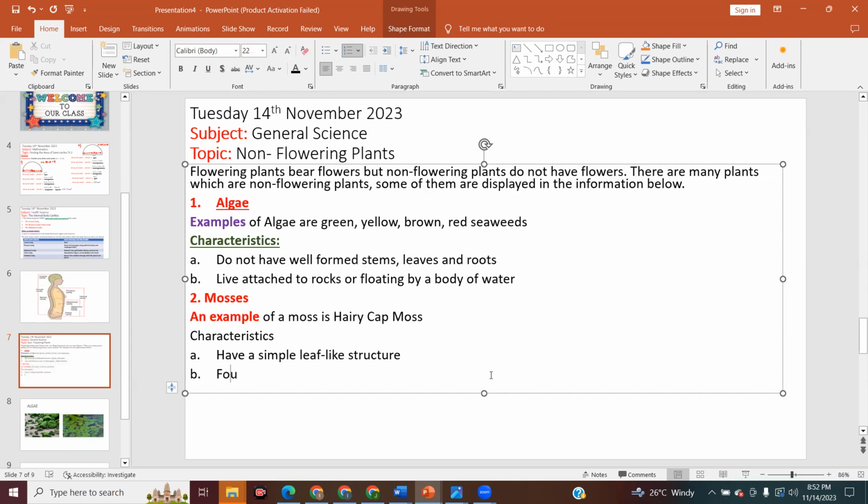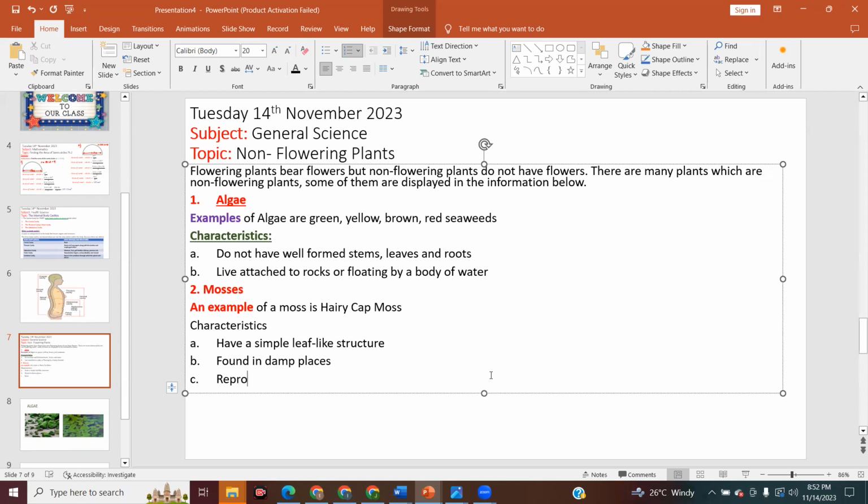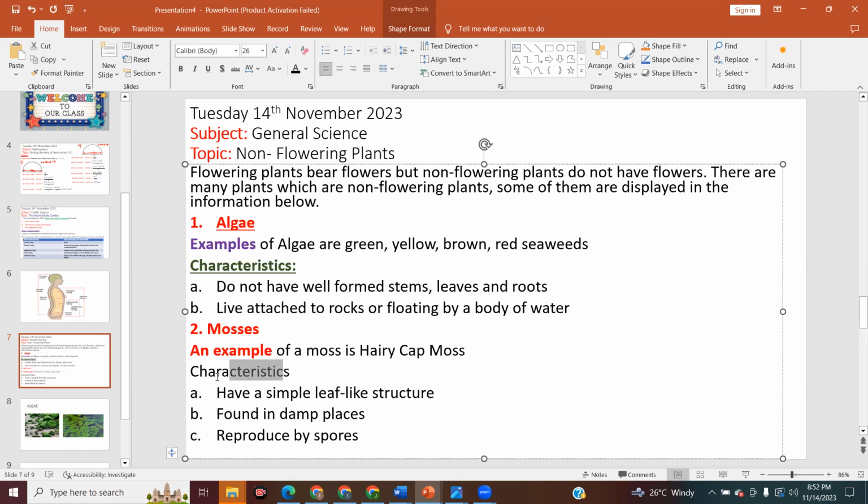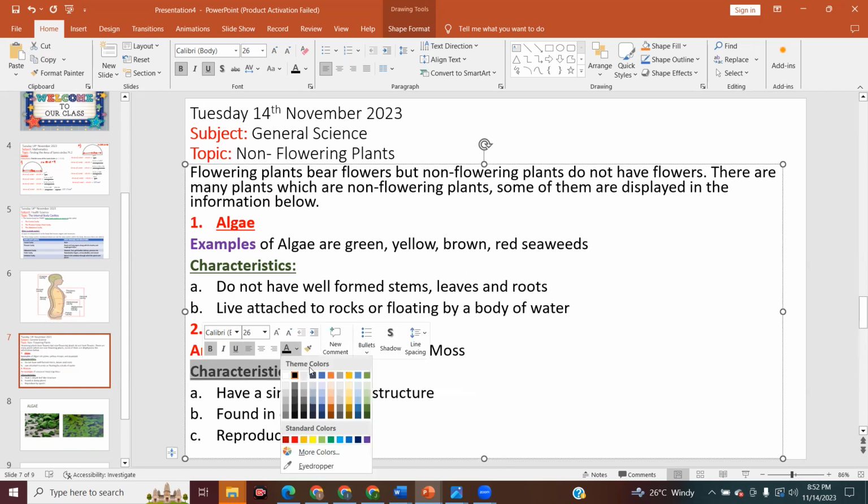They can be found in damp places, and they reproduce by spores. That's the characteristics.